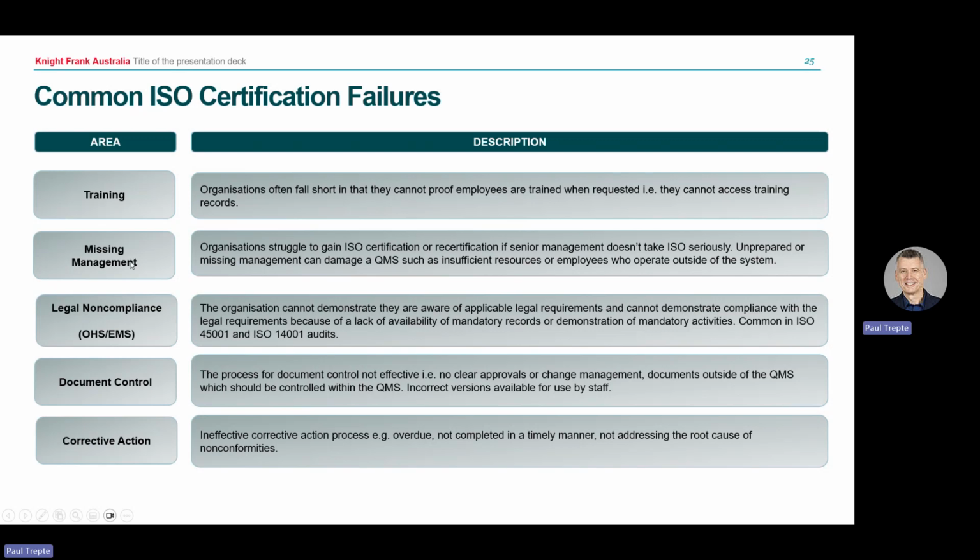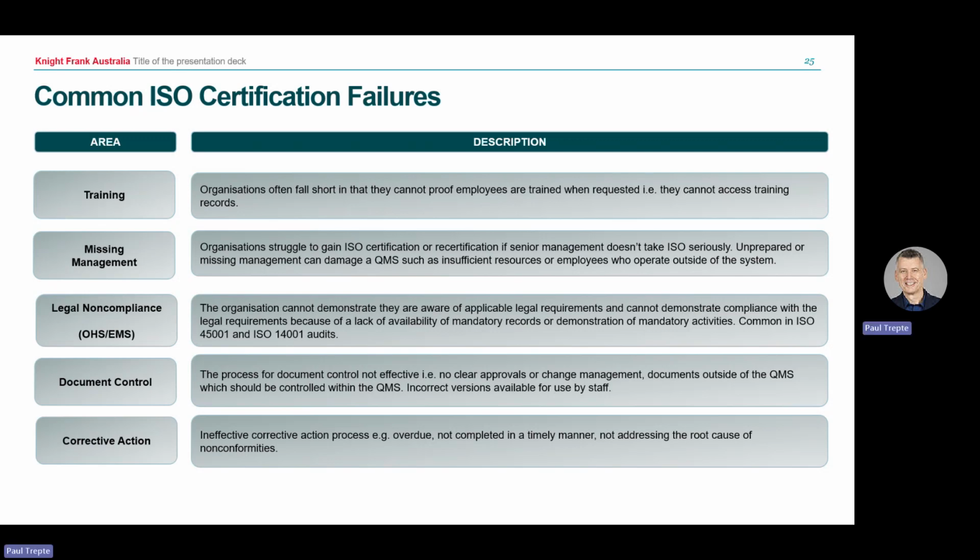Another area is what I call missing management. So again, a key requirement in all of the standards is leadership. So some organizations struggle to gain ISO certification or recertification if the senior management doesn't take ISO seriously.